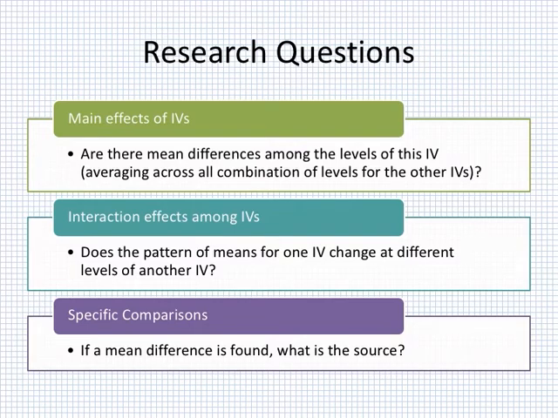In terms of research questions, in Factorial ANOVA, we will be dealing with 3 types of research questions. One type is the main effect of the IVs. This question asks, are there mean differences among the levels of this IV? For example, in the stats example, one question is, are the mean score differences between those who use textbook A versus those who use textbook B?